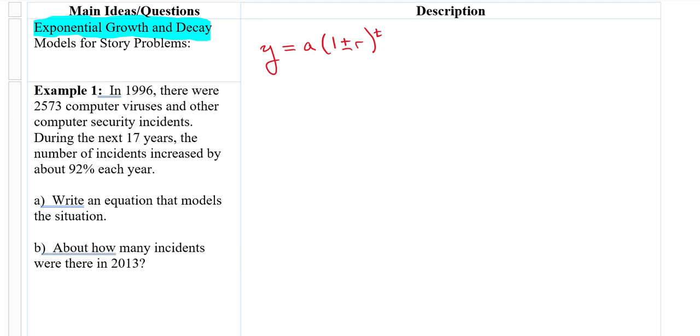So before we do an example with this formula, let's define what all of these variables mean. So starting with your y, that's your final amount. A, that's your initial amount.